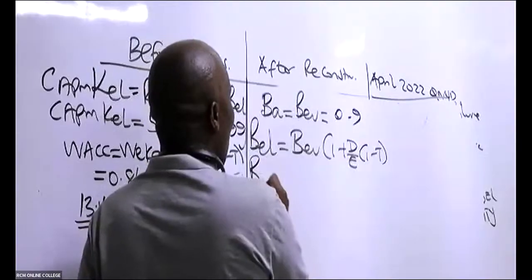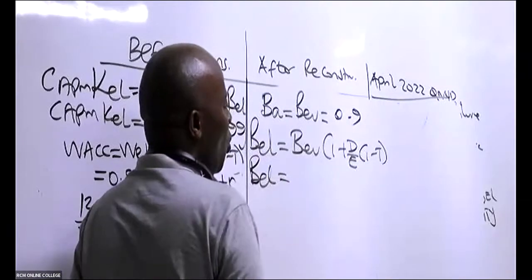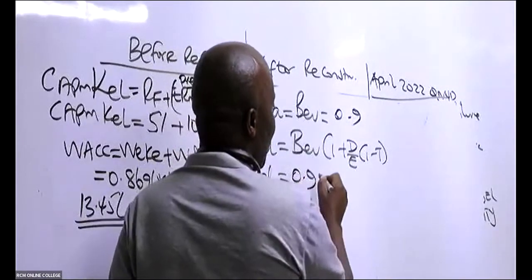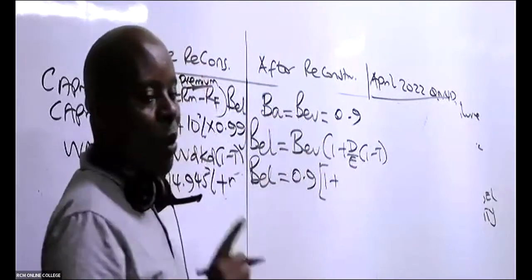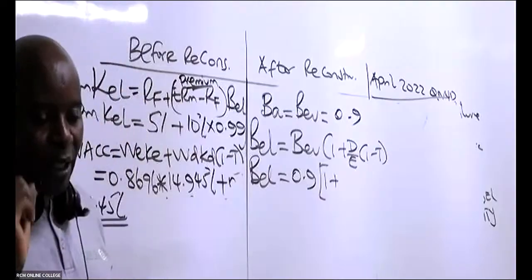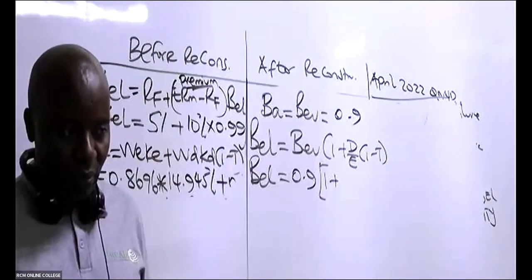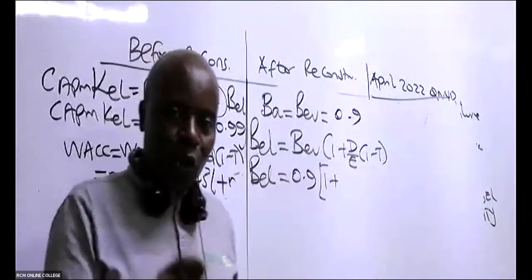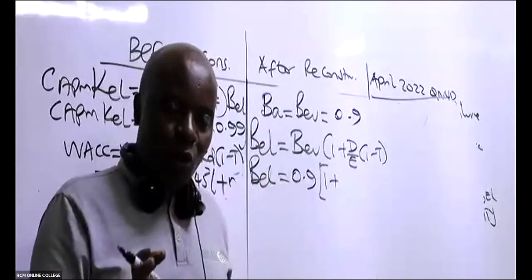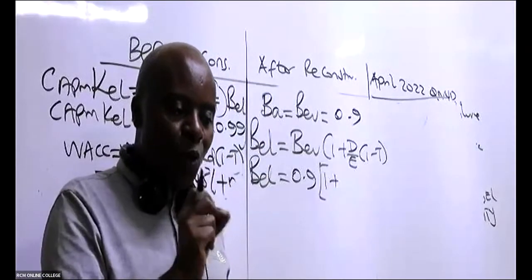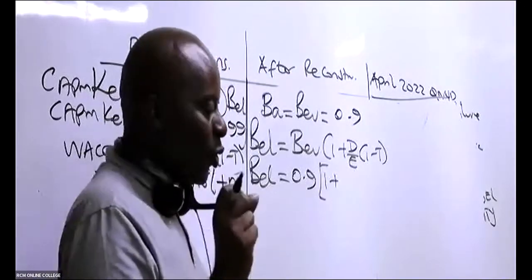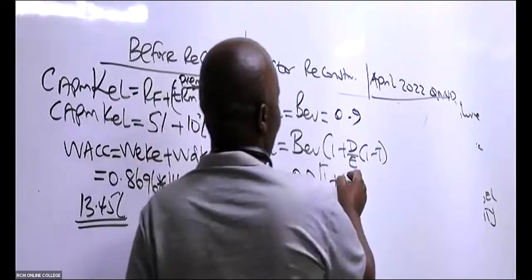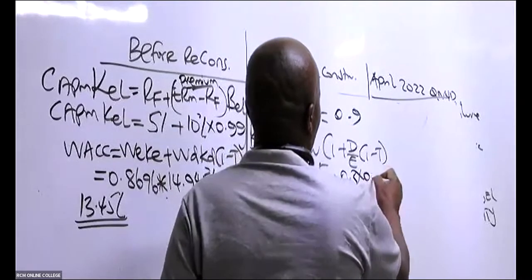So with speed now, I know that my BEL will be equal to my BEU, which is 0.9 into 1 plus, after reconstruction, what is our debt to equity ratio? Remember, the capital structure was being reconstructed from 0.15 debt to equity to 0.3 debt to equity. So debt to equity is 0.3 multiplied by 0.7.